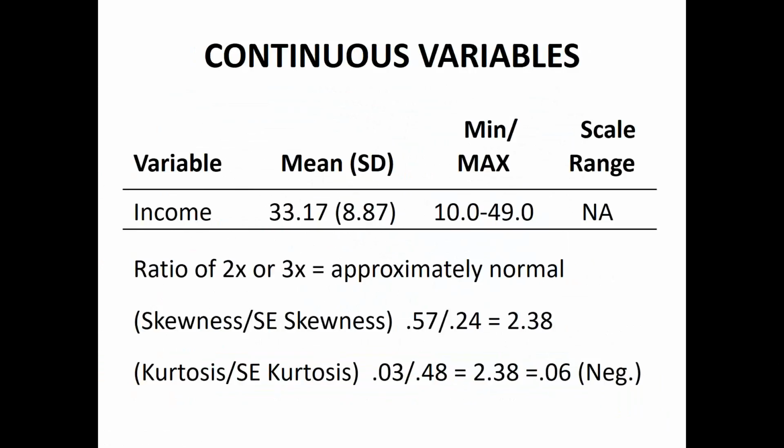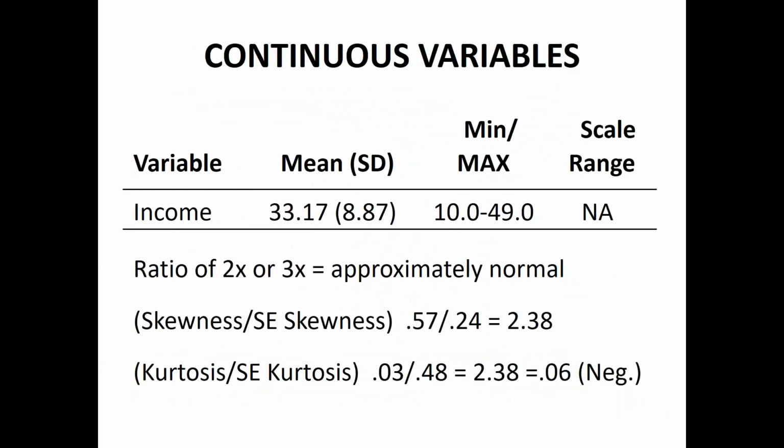Those values are given. If we divide the skew by the standard error of the skew, we get 2.38. So it's a ratio of 2.38. The skew is a little bigger than 2 times the standard error, but not that much. Now the kurtosis is actually smaller than the standard error of the kurtosis. The kurtosis refers to the dispersion of the scores out into the tails and in the center.